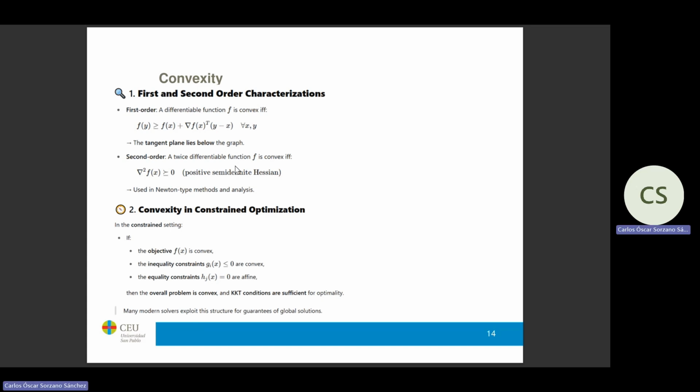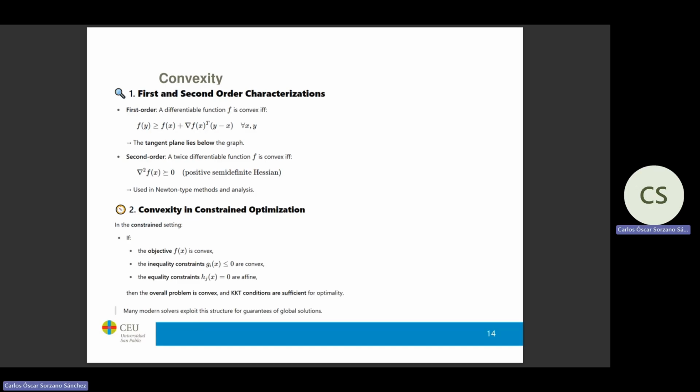So this part here is the tangent plane below the graph. So this thing here is the tangent plane at x. So you have your function, you put a plane that is tangent at x. And then what this is saying is that the tangent is always below the graph. So you have the function and then you have your tangent, and the tangent is always below. So this is the tangent plane or tangent hyperplane. And then the hyperplane is always below the graph.